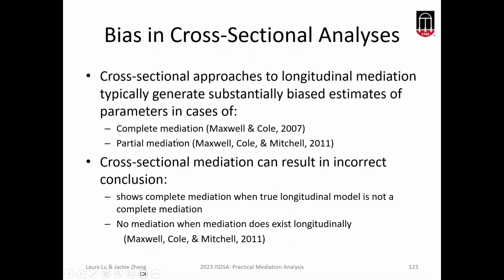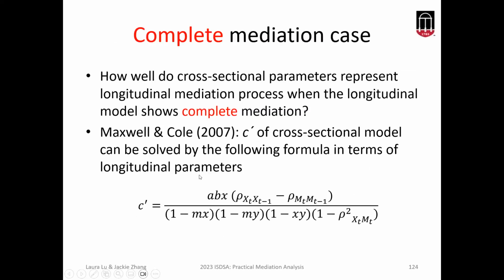But if you use traditional mediation analysis models, sometimes called cross-sectional mediation models, to analyze longitudinal mediation data, then there will be a lot of bias. The research articles showed that the results are incorrect and the conclusions are incorrect.